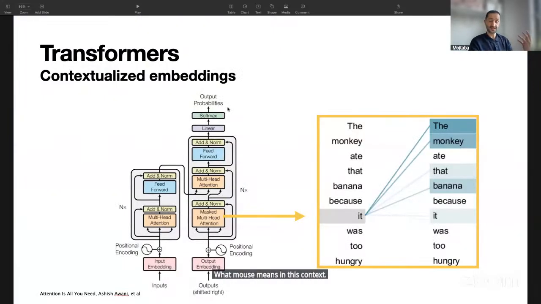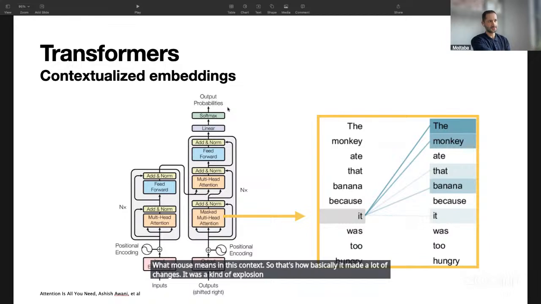That's how it made a lot of changes. It was a kind of explosion in the market when transformers came in 2018. I believe you know the transformer architecture. It consists of two components.